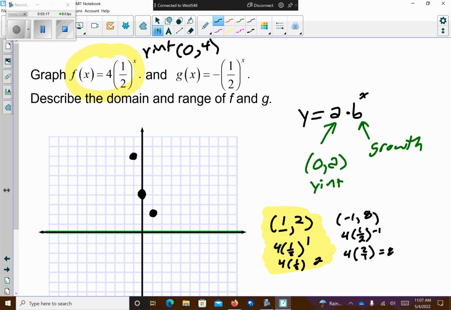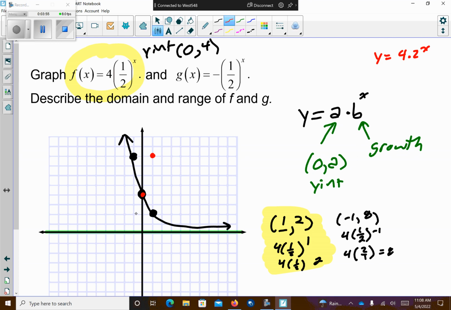Now notice, and I said we could do this with 2 points, but I just wanted to have that third point in there. Does this look like it kind of went different than what we had plotted yesterday? Yesterday we had this kind of flip over. It was going the opposite way. So let's say I had y equals 4 times 2 raised to the x. 4 times 2 to the x, you're still going to get this.